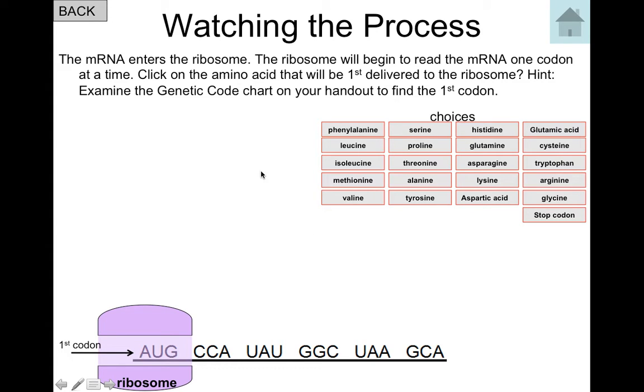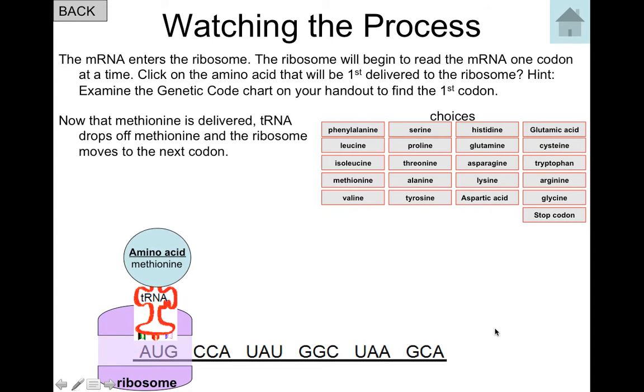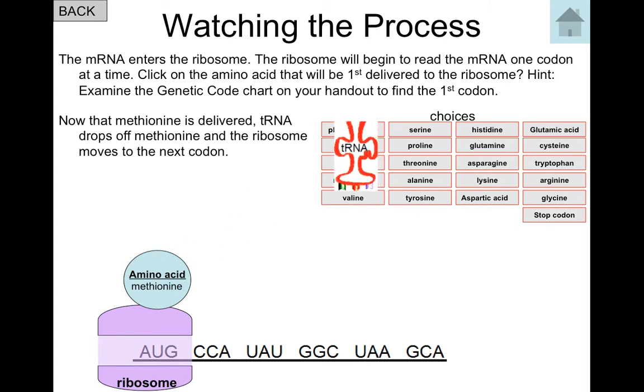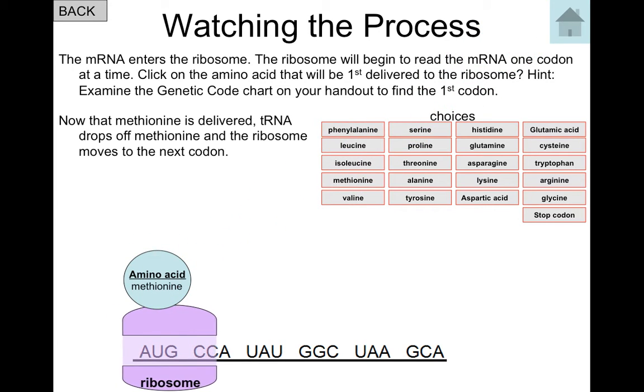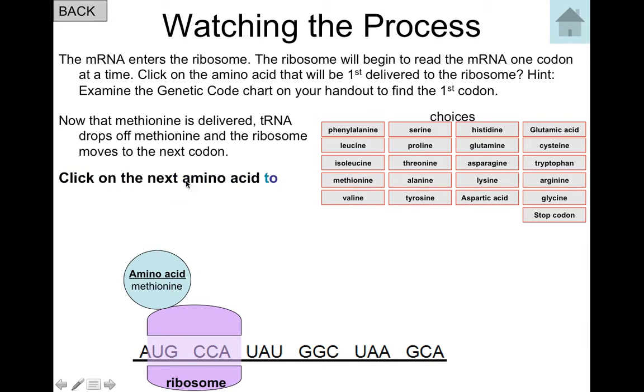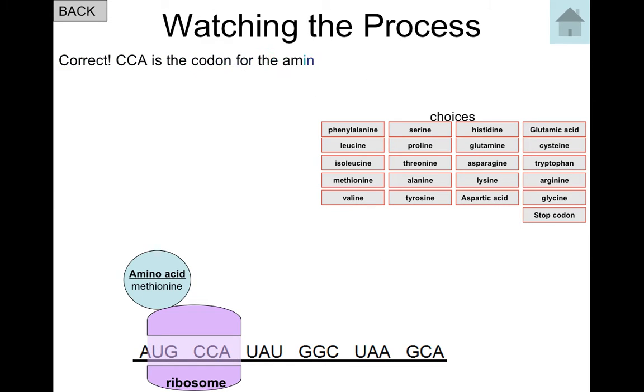And then all of a sudden we're supposed to look at our genetic code chart to figure out the first codon. I don't happen to have that handy, so we're going to skip along and we'll just let it do it. So we could look at the chart and see what it is, and we just carry on and see which one we're going to get next.